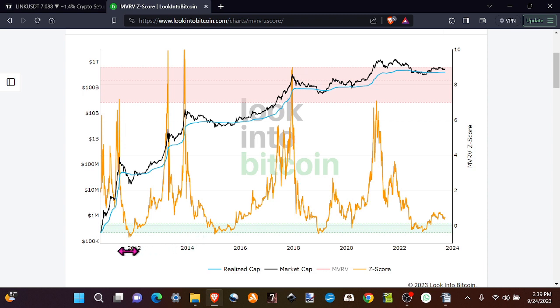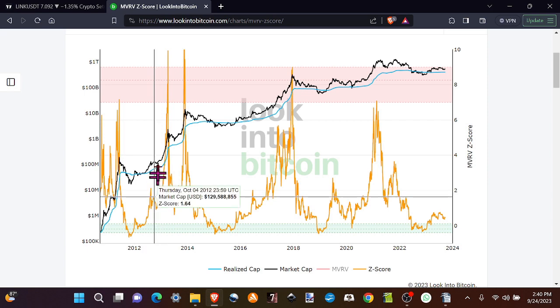And you can see this is over multiple years. As the chart starts out, you can see that it actually hit the overvalued area here, and that coincided with the top in 2011. Okay, and this is accurate within 2 weeks, by the way.